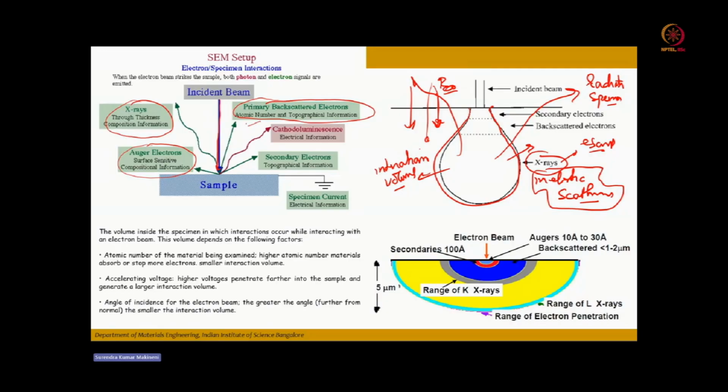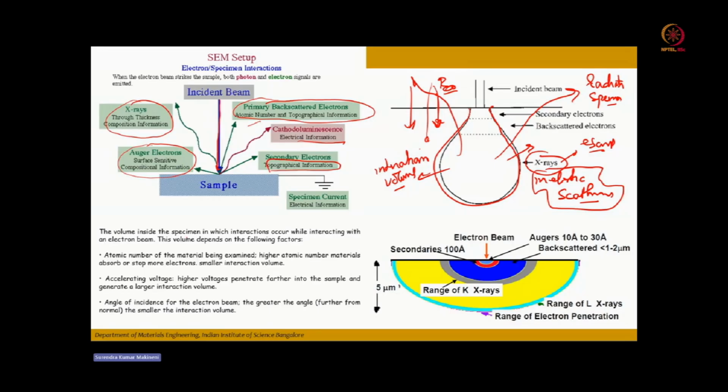These backscattered electrons give the atomic number and topographic information. There is cathodoluminescence, which gives electrical information related to your conduction band electrons. Then there are secondary electrons, which give the topographical information. These are the electrons released from the specimen atoms after the interaction of the beam.